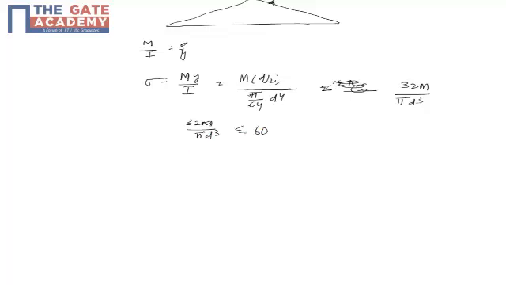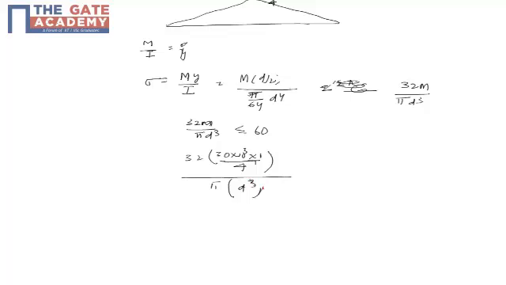So let's substitute the values. W is given as 30 kilonewtons, so 30 into 10 power 3 into L, which is 1 meter, by 4, since it's WL by 4, and then you have pi and the diameter which we need to find out, d cube.